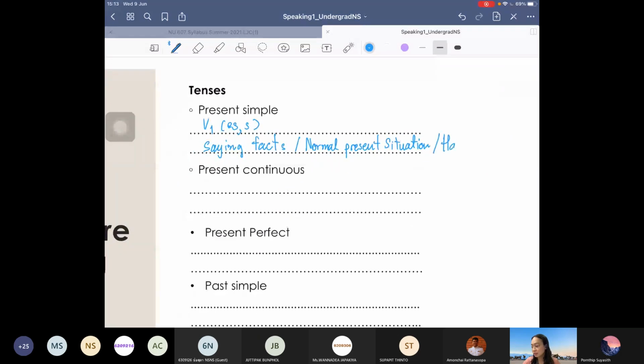Or even habits, the activities that you regularly do, right? An example of present simple: I may say, I usually go to bed late. This is a habit, right?